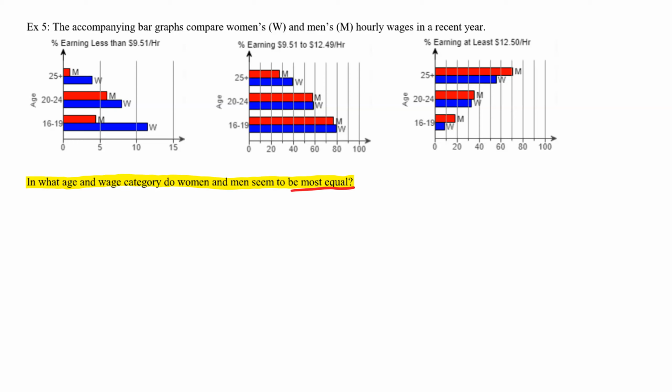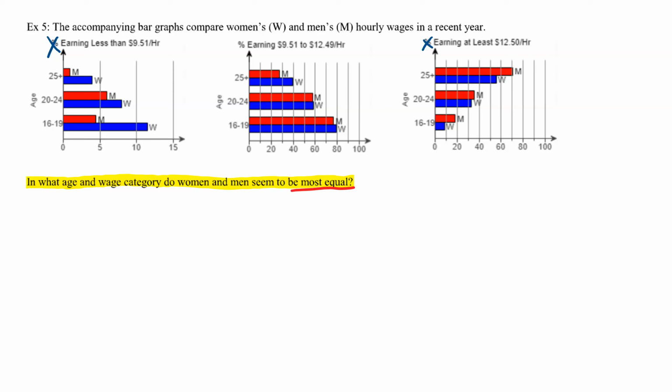If we compare these 3 different instances, we're looking for where the bars between the men and the women are almost the same distance away from the far left. There is a pretty big difference between this first set here, so it's not going to be anything in that first graph. There's a little bit of a similarity in the last graph in this range, but for the most part, it's pretty spread.